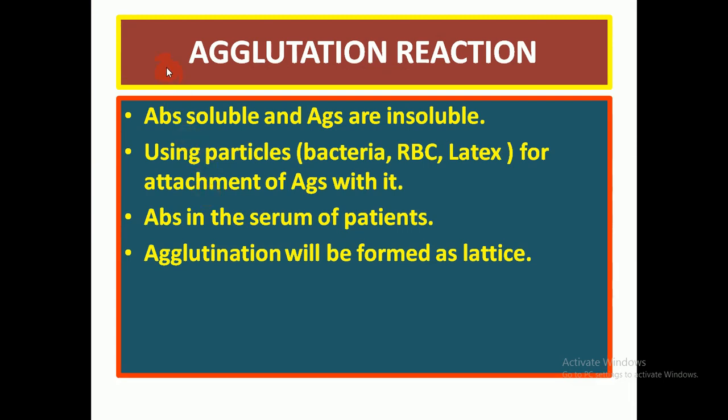The second type of reaction is agglutination. Here the antibody is soluble and the antigen is insoluble, using particles like bacteria, RBCs, or latex, or the attachment of the antigen with it, and the antibody in the serum of the patient, and agglutination will be formed as a lattice.